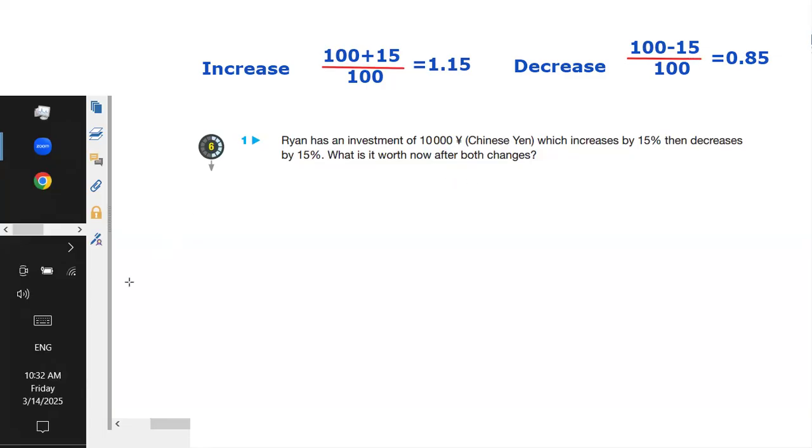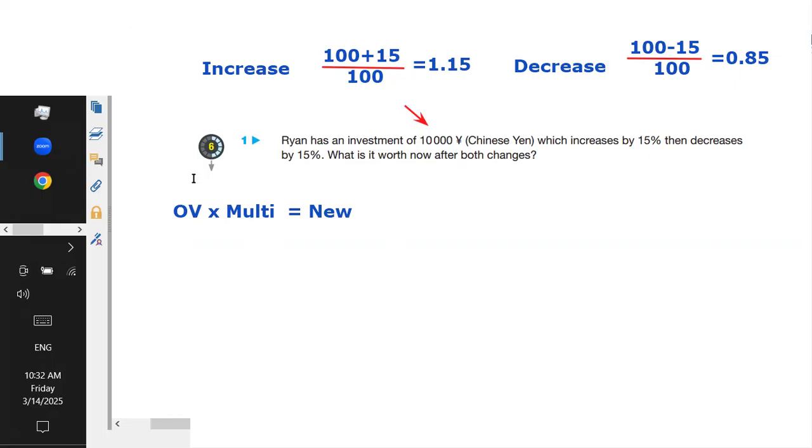As we said, the investment here is the original value. I need the original value multiplied by the multiplier. This will give me the new value. And then I'm going to take the new value and multiply it again by the second multiplier, and it will give me the final answer.